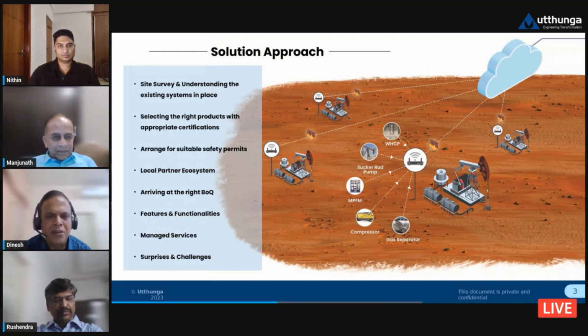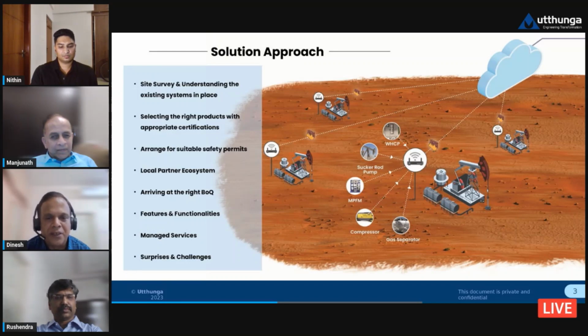So the primary objective of the solution, if we look at summarizing all the challenges, is that we should be able to run the production efficiently, safely, with limited downtimes, knowing that these are all very remote and unmanned.